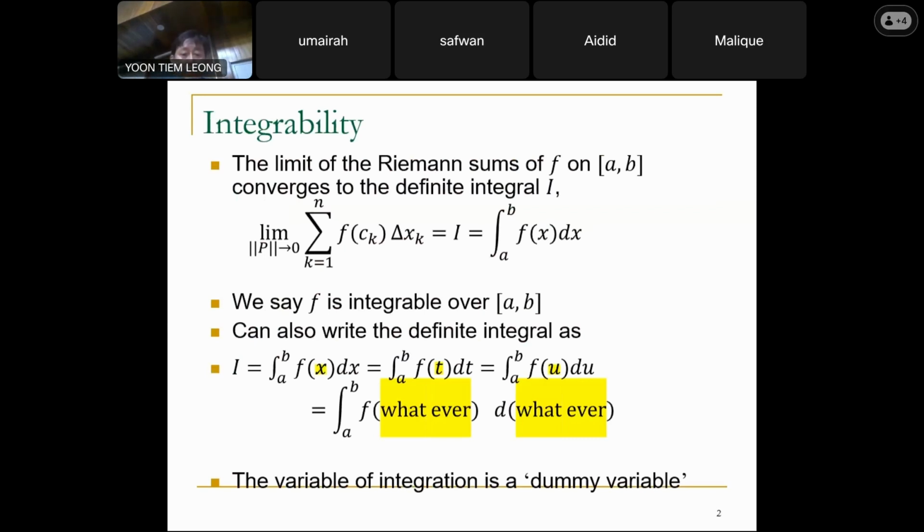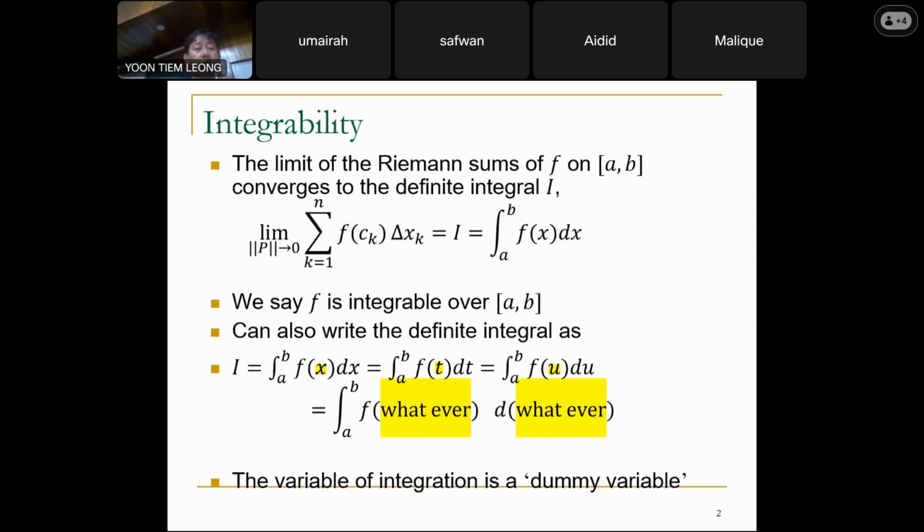And then if a function is integrable, it will mean that the Riemann sum of the function, the sum of f(c_k) delta x_k from k equals 1 to infinity, exists, and if the limit exists, then we say the function f is integrable.